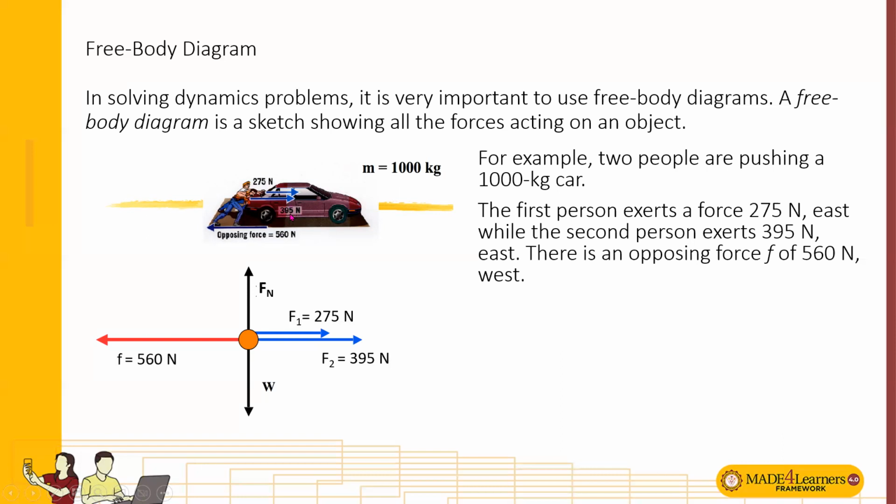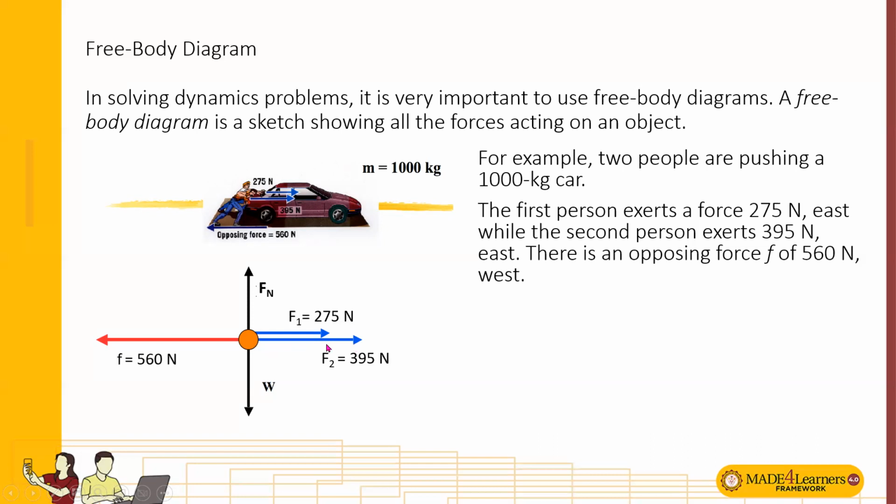So these two forces, the 275 newtons and 395 newtons, are going eastward. When you make a free body diagram, this circle here represents the car. Those two forces are drawn from the car towards the direction of the application of the force. This is the 275 newtons, and the second blue arrow is the 395 newtons.